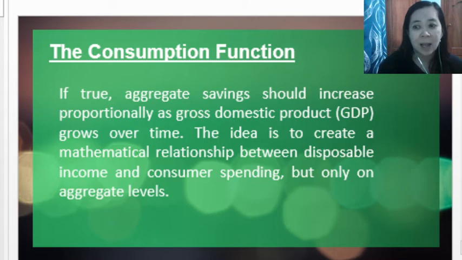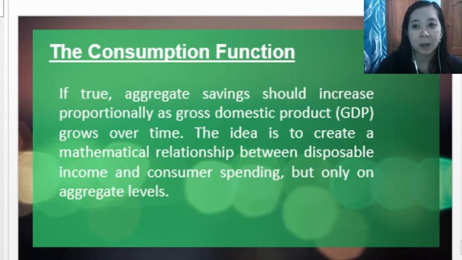This is how Keynes related the consumption function with national income. The idea is to create a mathematical relationship between disposable income and consumer spending, but only on the aggregate level. Basically, we will look into the national level.